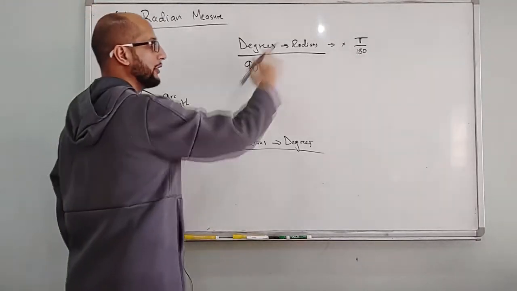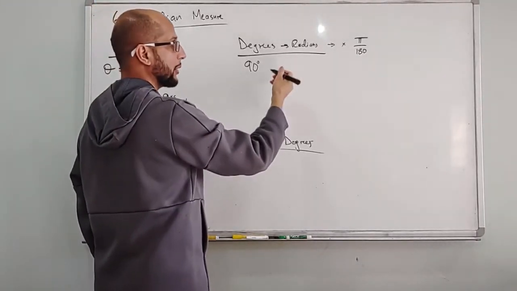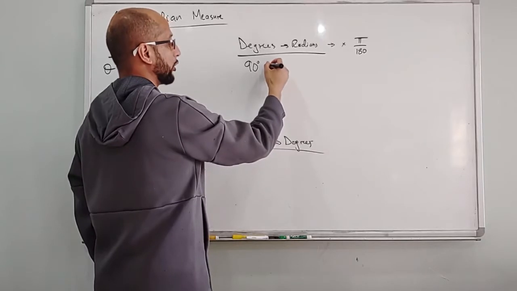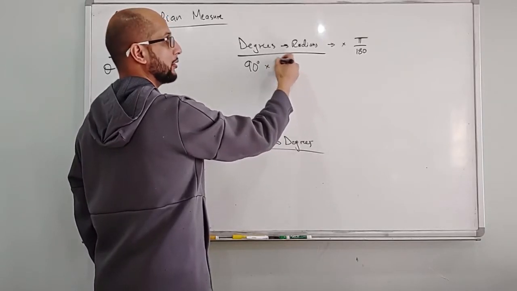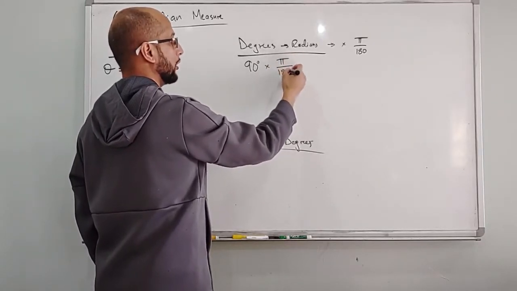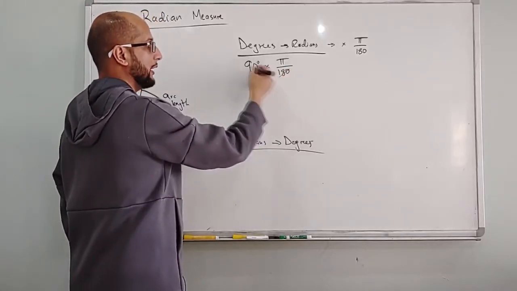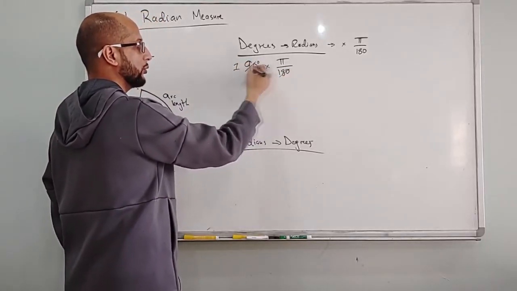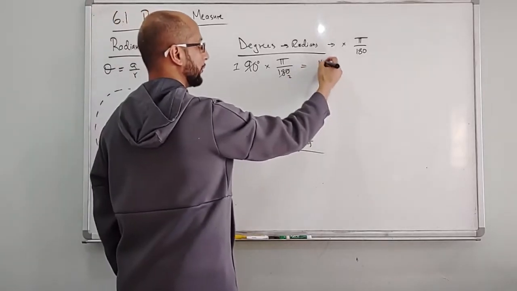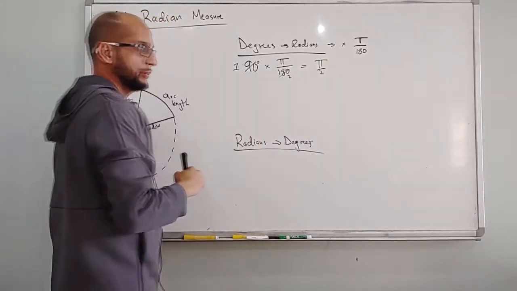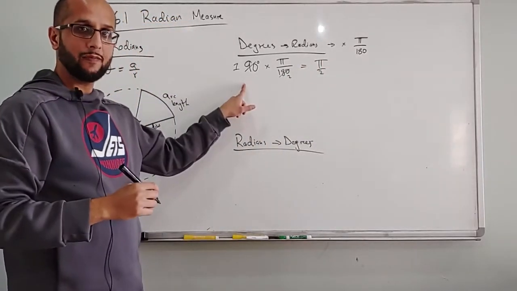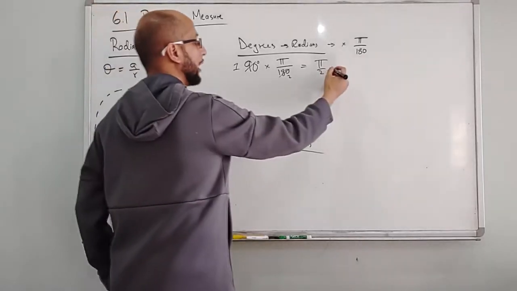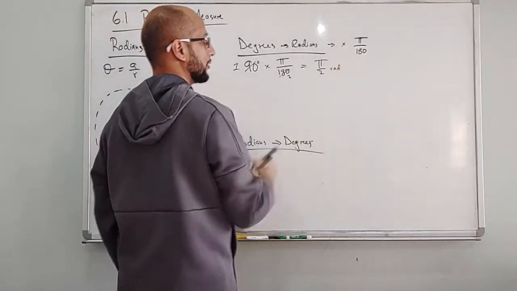So if we turn 90 degrees into multiplied by pi over 180, we're going to do 90 multiplied by pi over 180. The 180 and the 90 cancel out. So this is 1, this is 2. You're left with pi over 2. So 90 degrees is the same thing as pi over 2 radians.